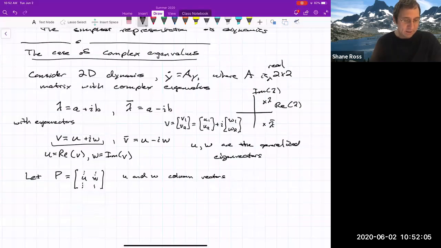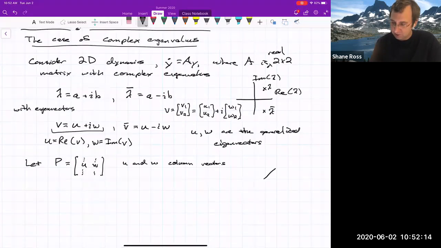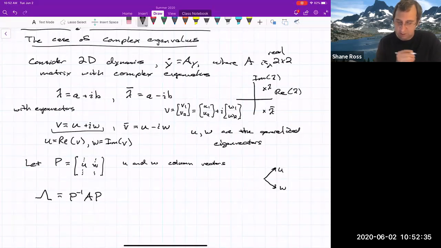So if we let P equal that, U and W are the generalized eigenvectors that form the eigenbasis. They're actual directions, like here's U and W. So then when we write the matrix in its simplest form, P inverse A P, we're writing the matrix in the eigenbasis.